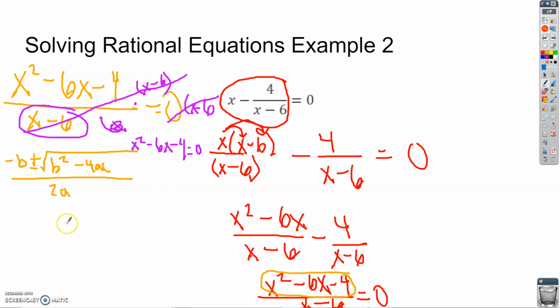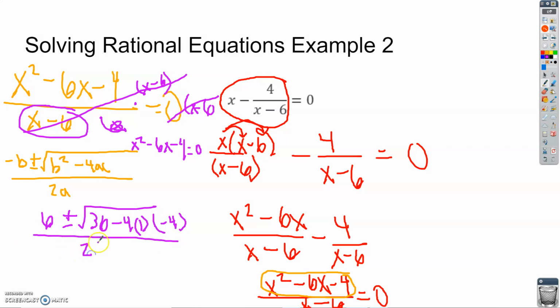And so now I'm going to use the quadratic formula. So I have 6 plus or minus the square root of 36, which is 6 squared, minus 4 times 1 times c, which is negative 4, all over 2 times a, which is 1.